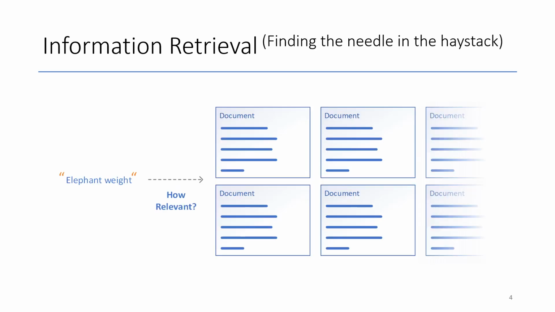Now the problem is we actually don't have a single document, but potentially millions and billions of documents. So how can we efficiently find this needle in the haystack, the one or the couple of documents that are relevant to the given query in the sea of non-relevant ones?